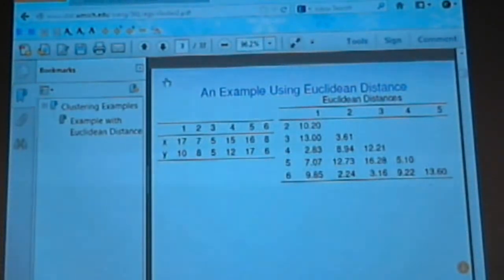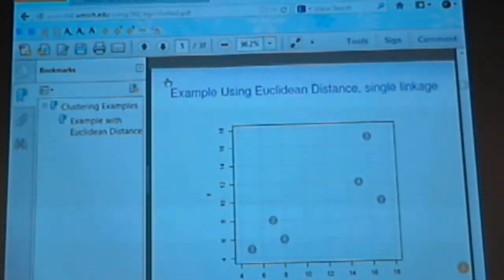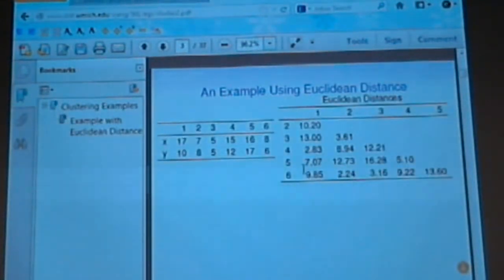Between 2 and 3, the distance is 3.61, right? And between 3 and 6, that's 3.16. So the distance between cluster 2, 6 and 3 is 3.16, right? That's how we calculate this, it is 3.16.